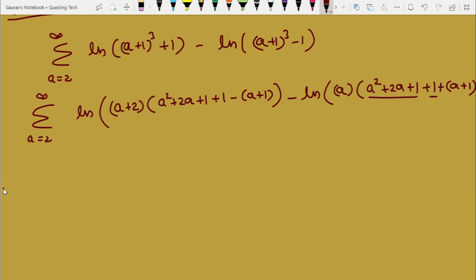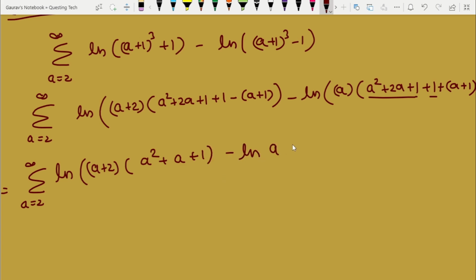So we can write this as the sum from a equals 2 to infinity of ln (a plus 2) plus ln (a square plus a plus 1) minus ln a minus ln ((a plus 1) square plus (a plus 1) plus 1).